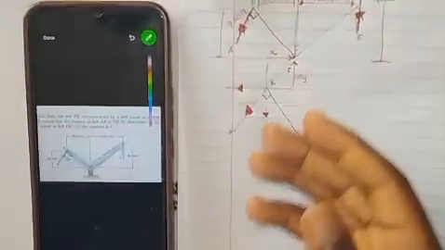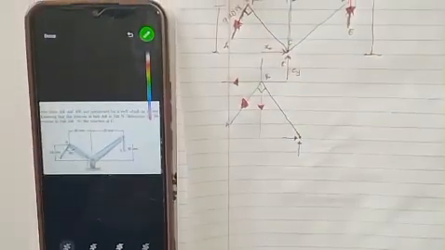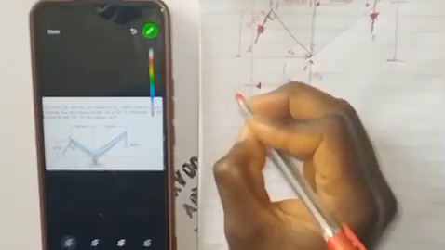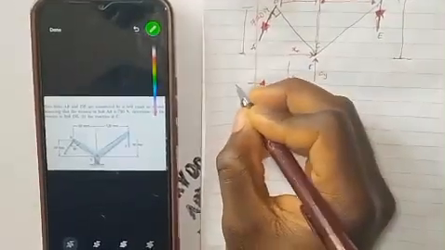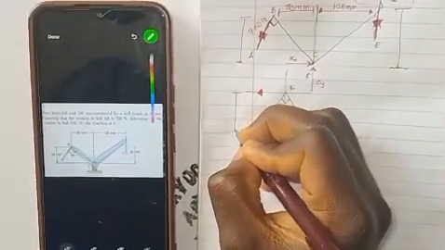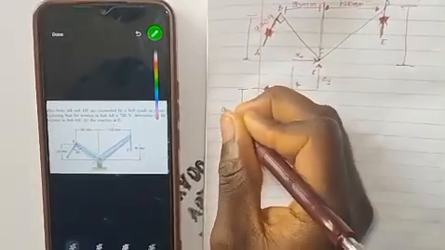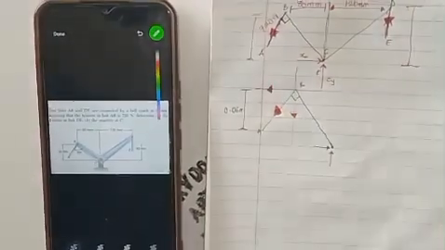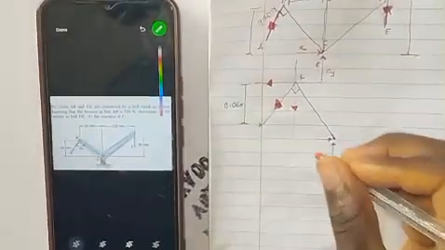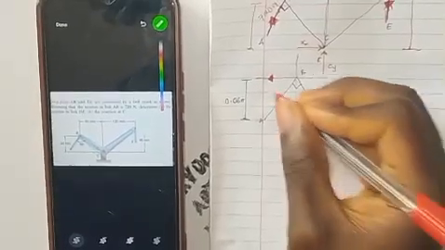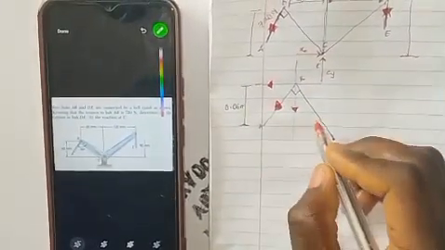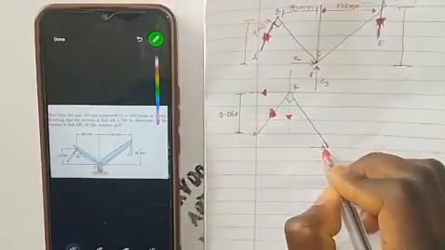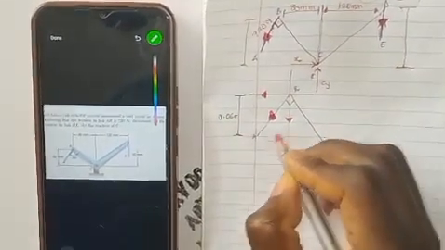So since I've resolved this into this now, and I know the length here to be, let me convert it, 0.06 meter. Then also I know the length here to be 0.06 meter, and from here to here is 0.6.